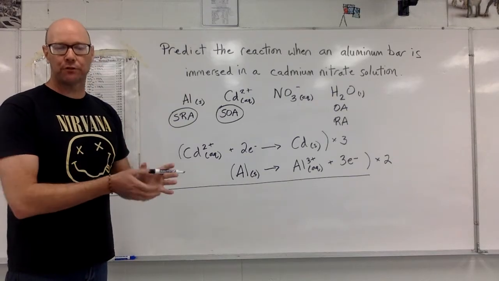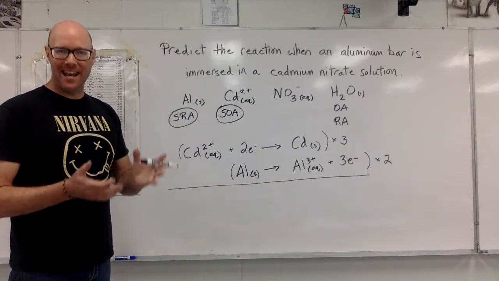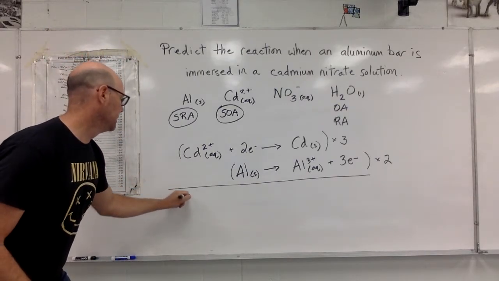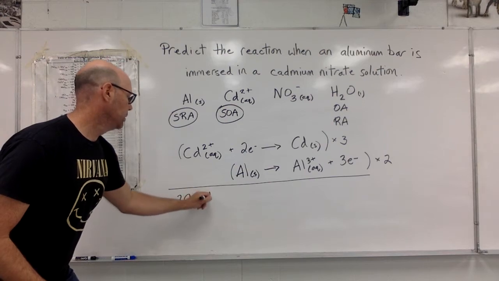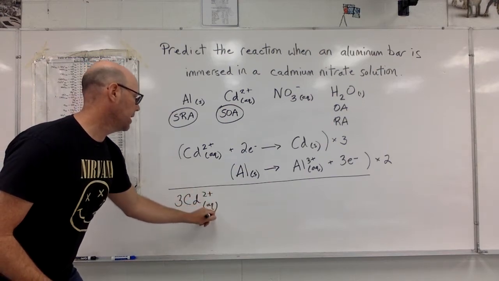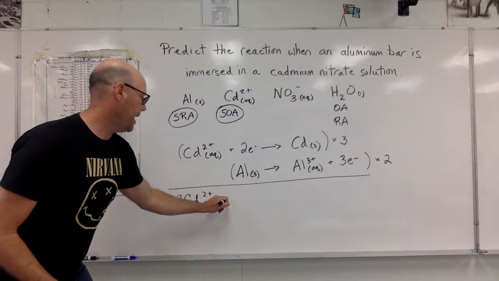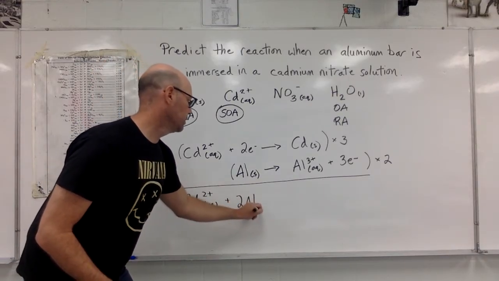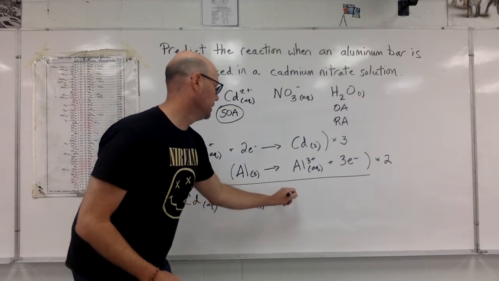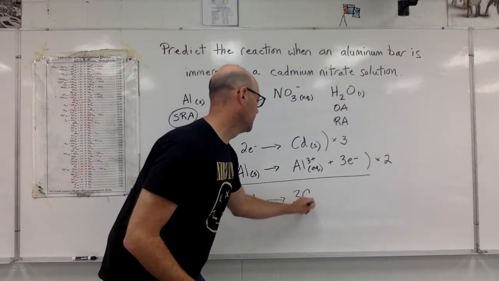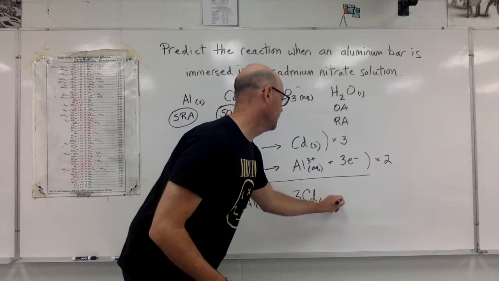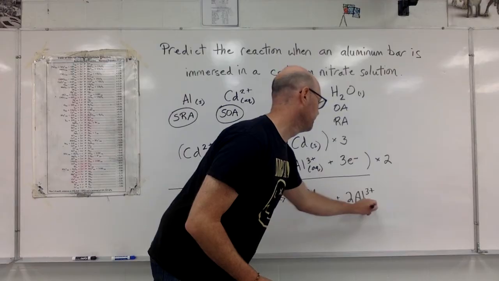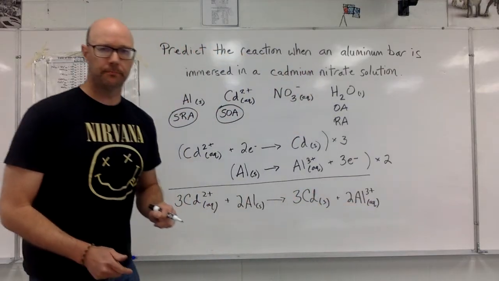We need to take these 2 half reactions and combine them. We say add the half reactions together to come up with the net ionic equation. We have 3 cadmium 2+ aqueous ions and 2 solid aluminum to make 3 cadmium solid and 2 aluminum ions.